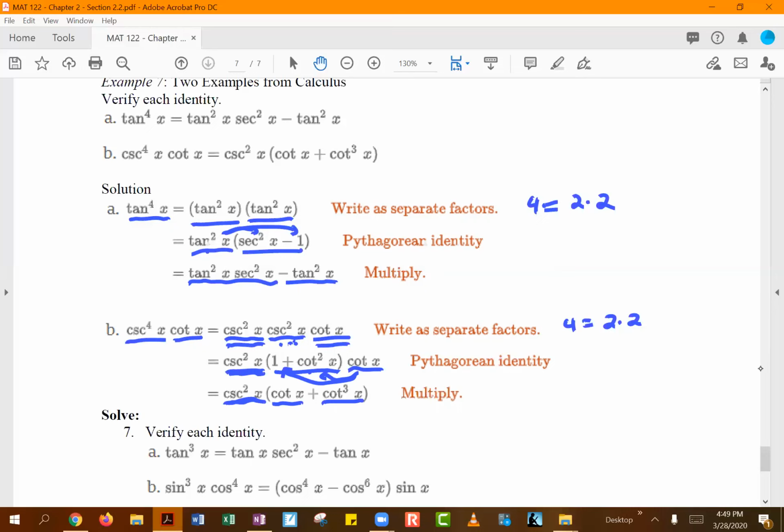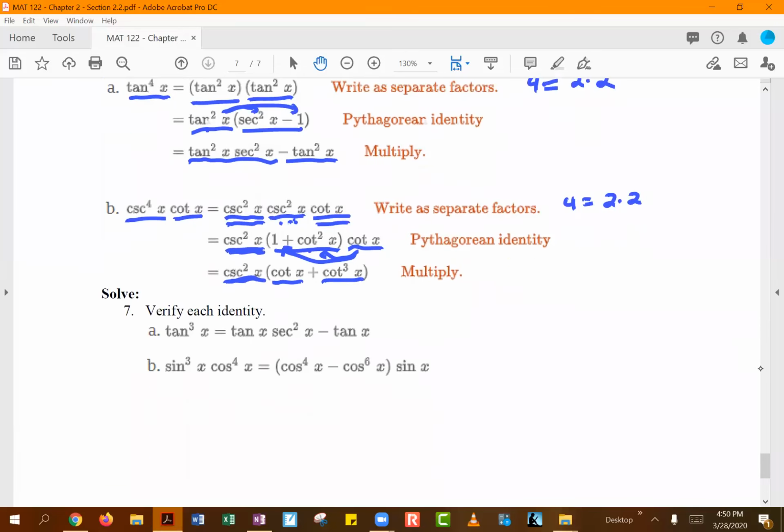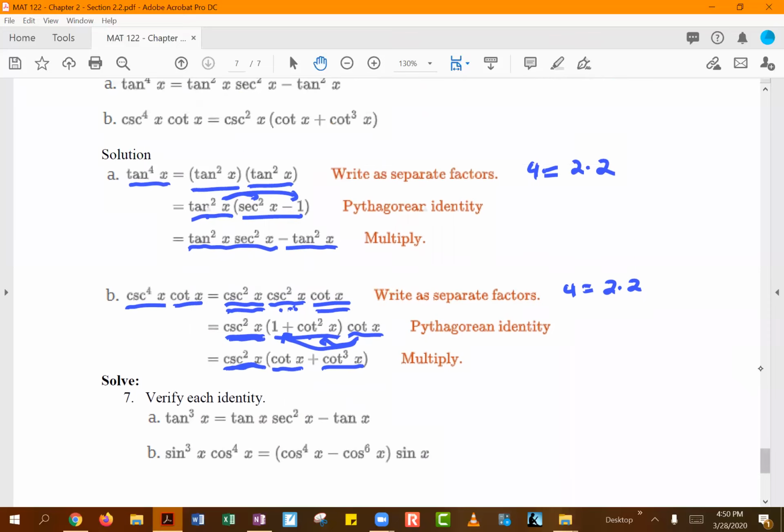Okay, so this is using, again, your rules of algebra, just to break this down, included with the fundamental identities here. So let's look at our problem 7 here. So part A is very similar to part A of example 7. Example 7 had tangent to the fourth power.